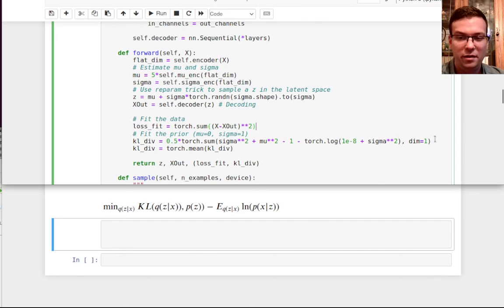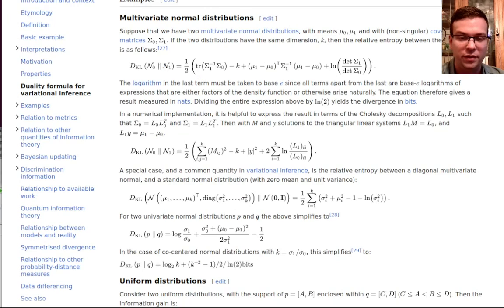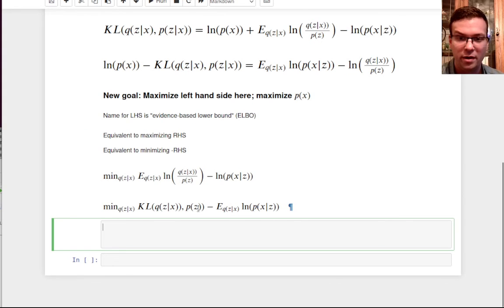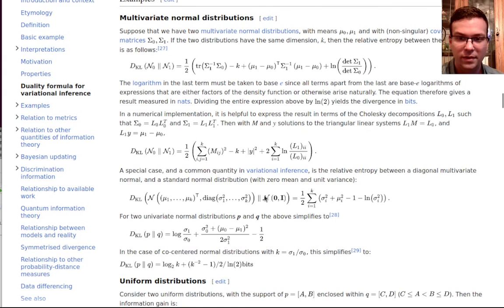I'm actually not going to derive this whole equation. I'll just jump to the Wikipedia page for KL divergence and show you that they've already done that, if they're Gaussians, just like we have here, two Gaussians. We've got the Gaussian that we're learning and the prior, which is the unit Gaussian. So there it is. Just to show you again, that's where it showed up in the equation. So our prior is the unit Gaussian, and that's what we have on the right of the Kullback-Leibler here.